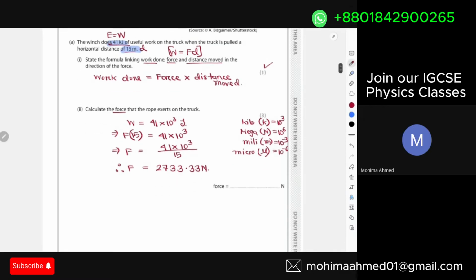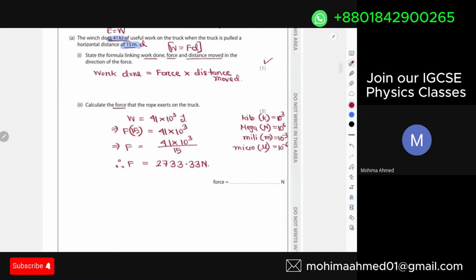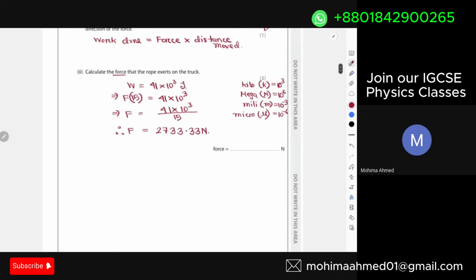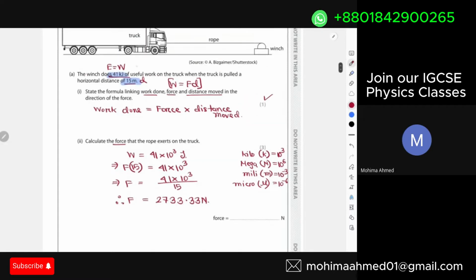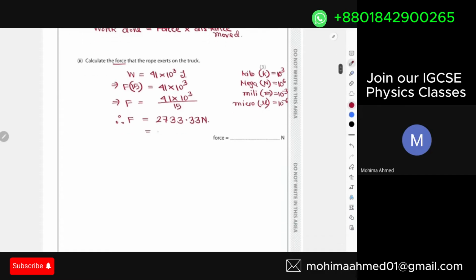And if you write your answer in six significant figures, that would mean that your answer is more accurate than the data used in the question, which is completely wrong, because your answer was calculated using the given data, and your answer could never possibly be more accurate than the given data. That's why for this kind of case, you should always stick to the significant figures used in the question. Since in the question they have used two significant figures, I will also have to use two significant figures, that is this much Newton.